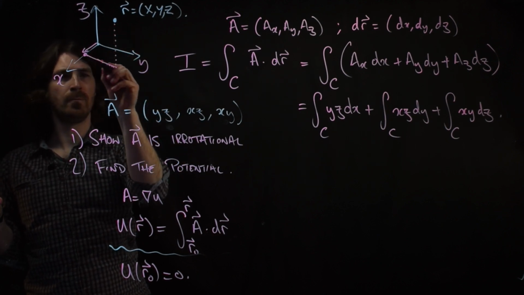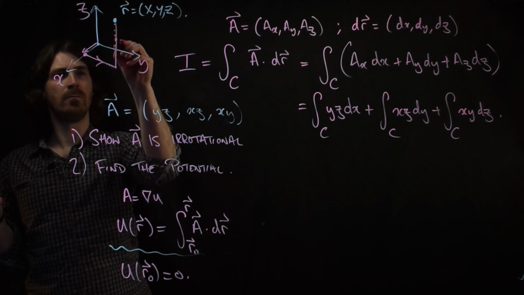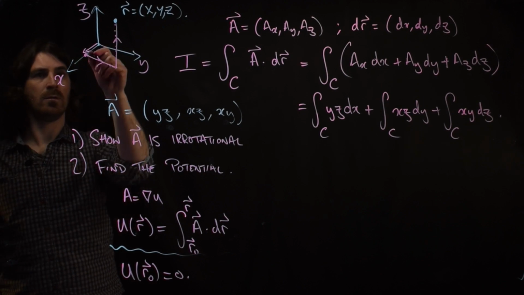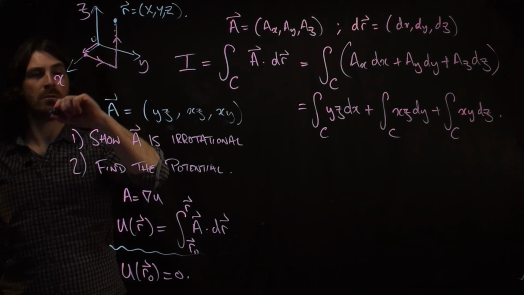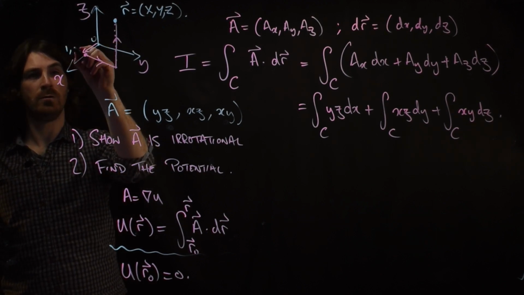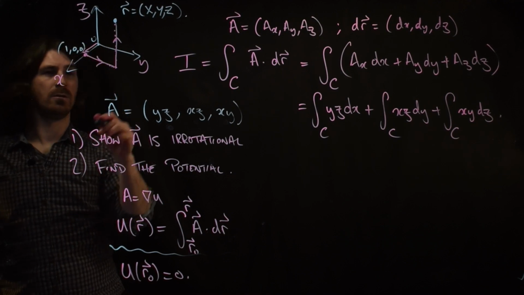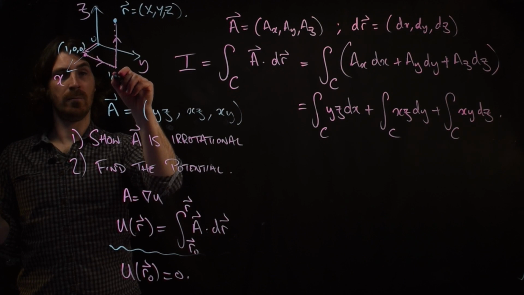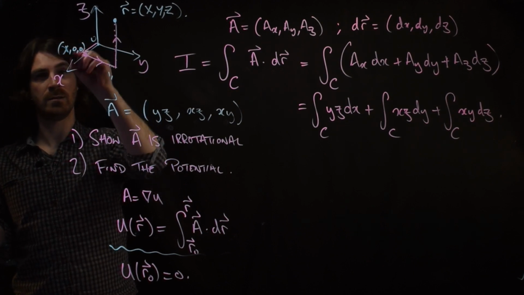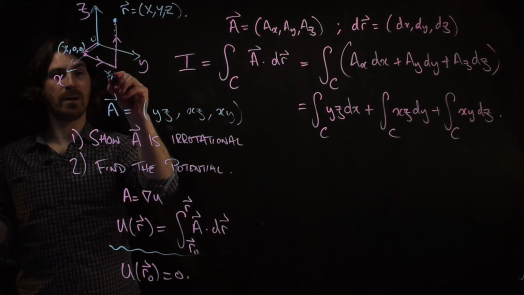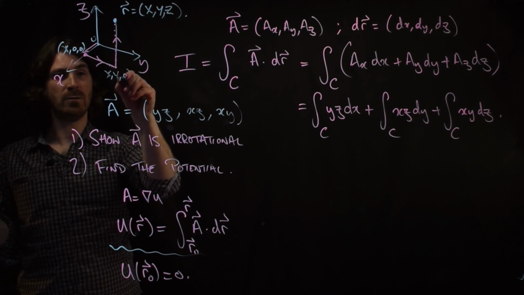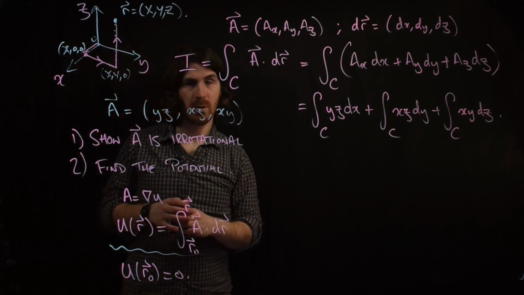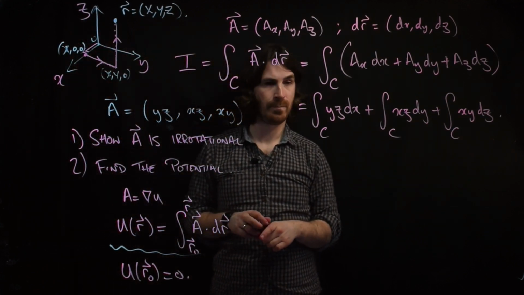Okay. So we go from the origin to the point x, 0, 0, then to the point x, y, 0, and then to the point x, y, z. Alright, that's going to be our curve.